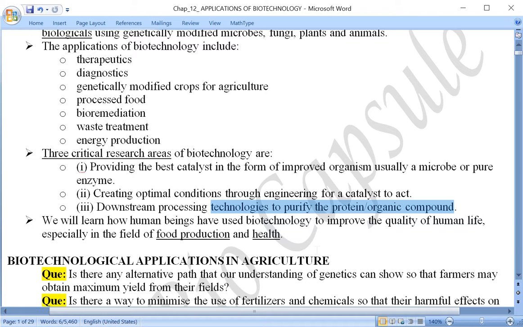If you remember, when we discussed the health and disease chapter, we discussed interferons. These are proteins which are produced by infected cells, cells infected by the virus, viral infected cells. The cells which are already infected by the virus produce these substances referred to as interferon.